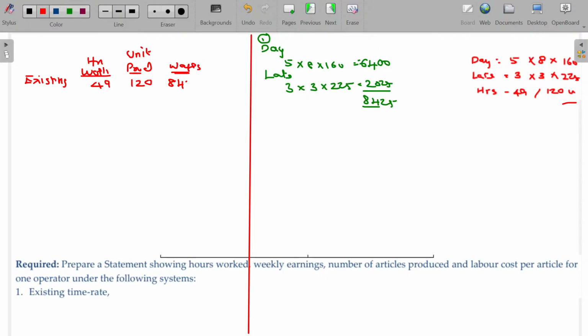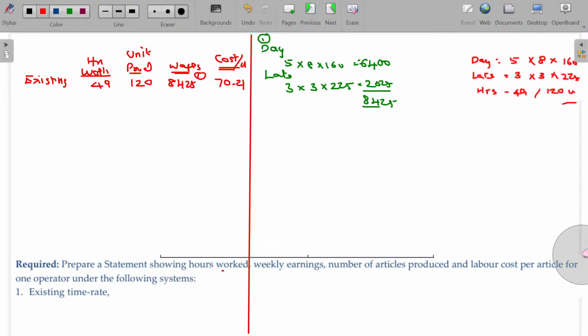Now also find out labor cost per article. So cost per article, cost per unit. 8,425 for 120 units, then 70.21. This is the existing scenario.